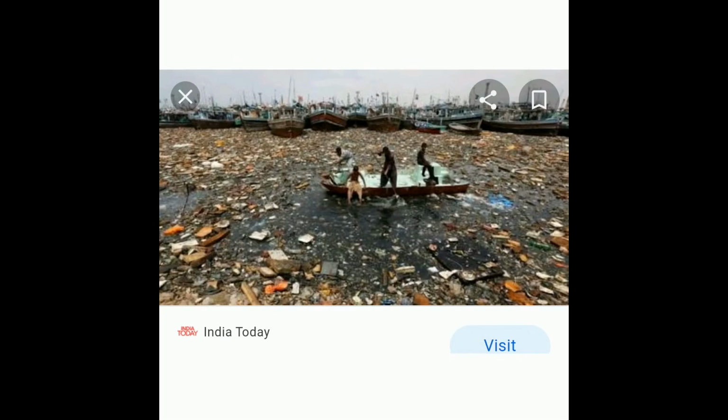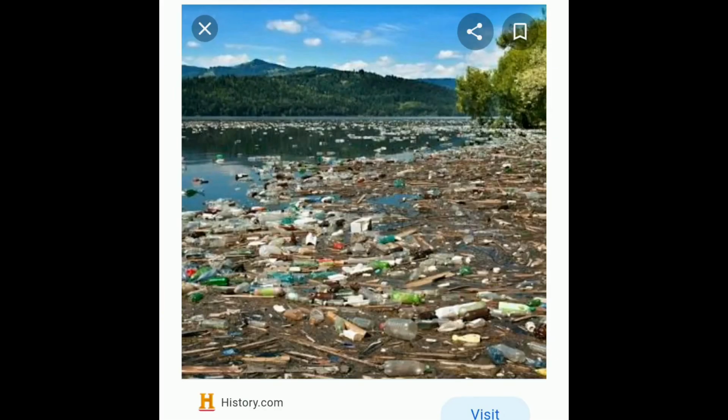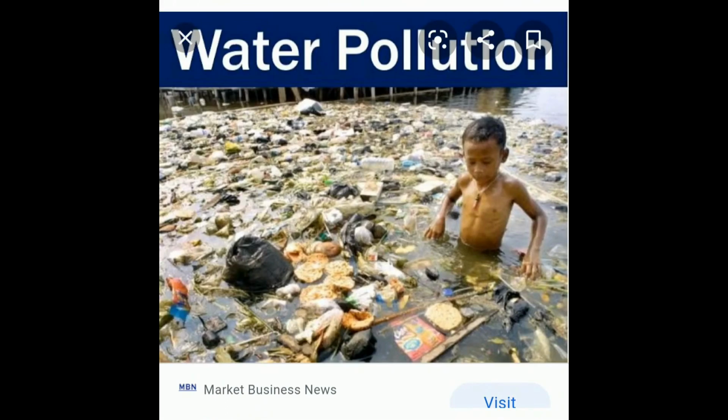The life of people will be so bad. How will the organisms that are living in water survive? All the living organisms, including human life, will be under dreadful condition or under threat. Who is responsible for this? We are all responsible for this.